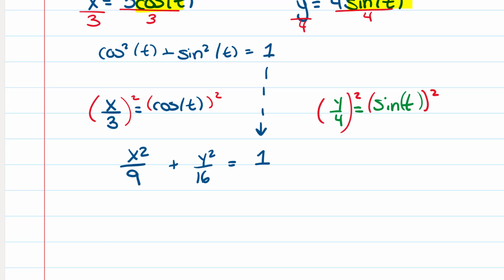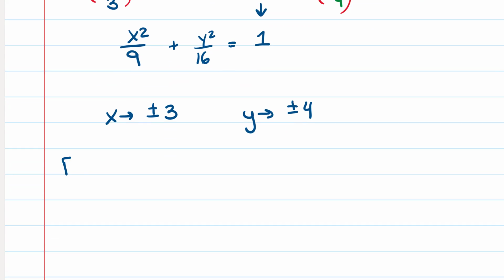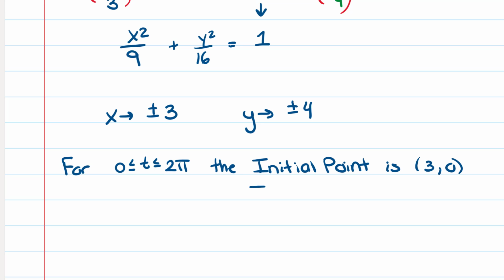So then I know my x-intercepts are going to be plus and minus 3. And my y-intercepts are plus and minus 4 by square rooting those bottom numbers. And now what we need to do is find the initial point and the terminal point. So my initial point is where I start and terminal point where I end. So for the interval from 0 to 2 pi, the initial point is 3, 0, and the terminal point is 3, 0.